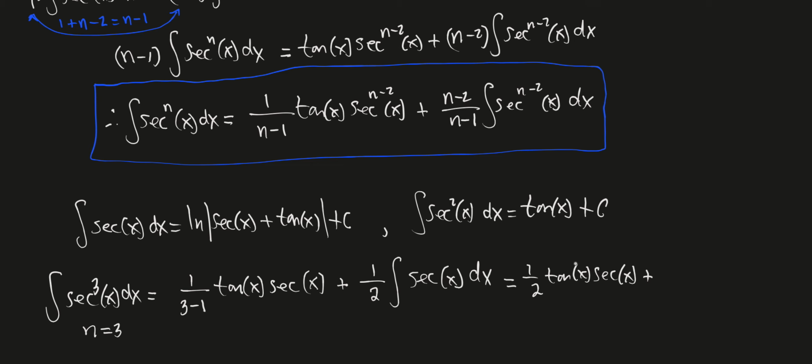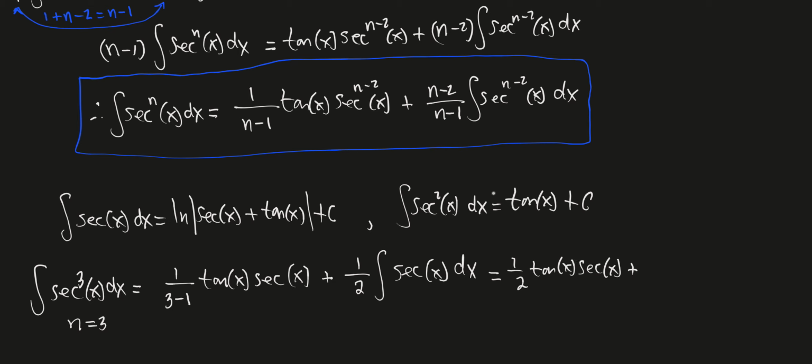Let's make sure we have enough room to write that all down. So we have the 1/2. So now I'm gonna write down what this is equal to. The ln of the absolute value of secant x plus tangent x plus c, right? And so this is the antiderivative of secant cubed, right?